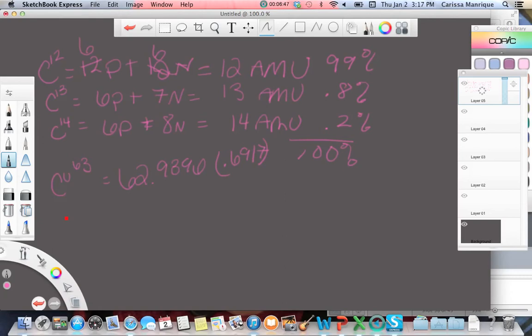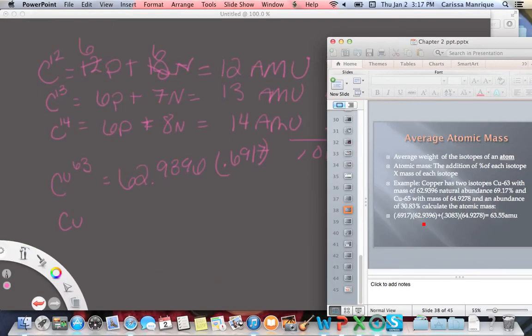Then we also have copper 65, and it weighs 64.9297.